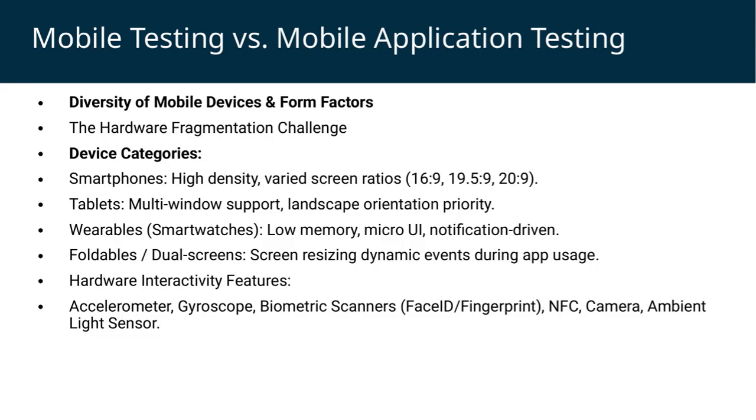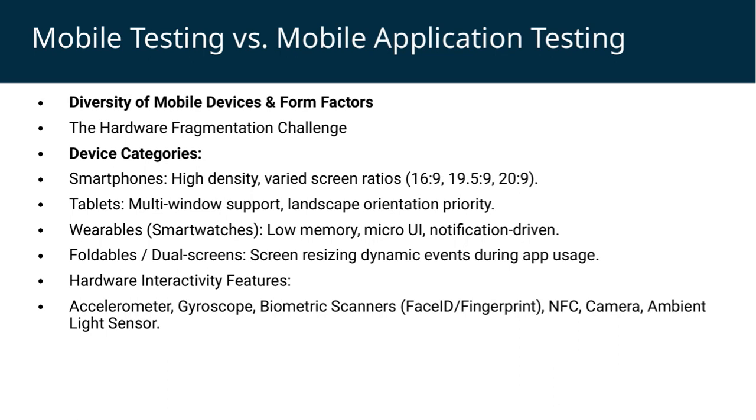When we talk about mobile devices today, we're really facing a huge variety, a true diversity of shapes, sizes, and capabilities. Smartphones come in all sorts of screen ratios, from the classic 16:9 to taller, narrower formats. Tablets often focus on multitasking, with landscape views taking priority. Then there are wearables, smartwatches with tiny screens, limited memory, and interfaces built around quick notifications.